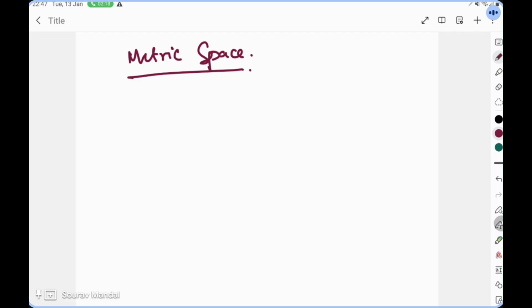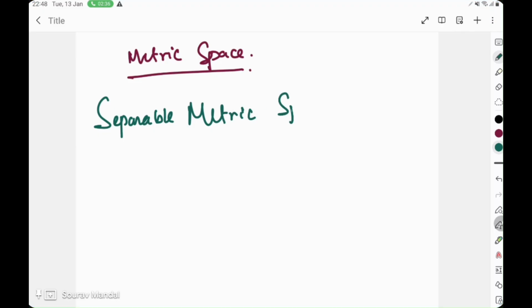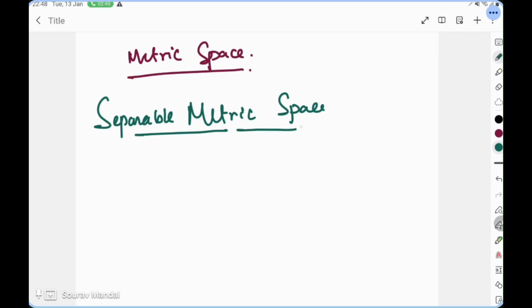Now, today, we'll learn about separable metric spaces. Okay, before that, do you remember what a dense set is?